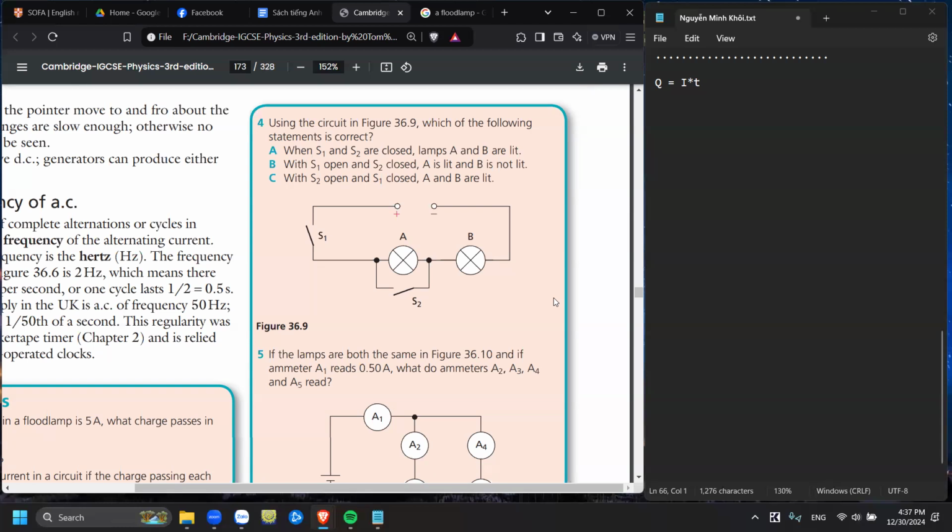I forgot. Does closed mean connected or open? Closed means they are connected. Oh, closed means connected.